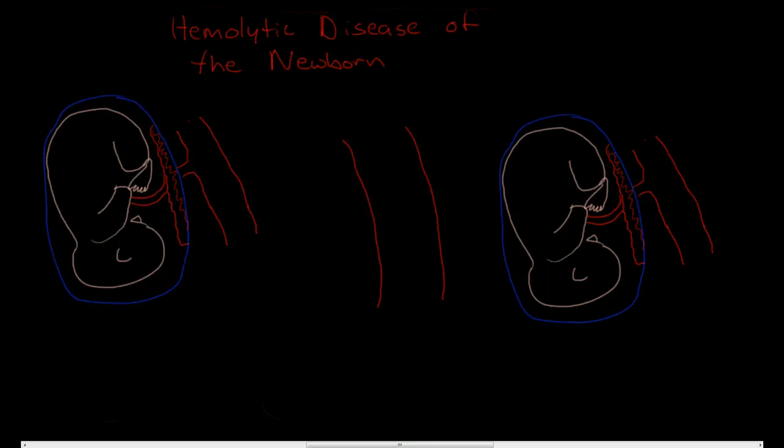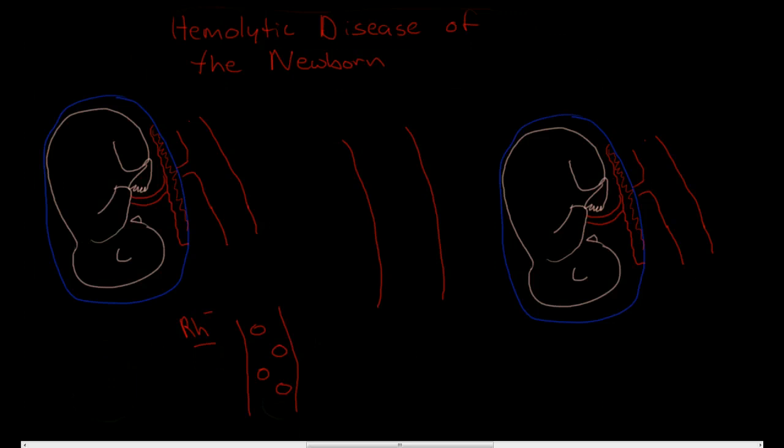And here we have a mother's bloodstream, and this mother is Rh negative. So that means that her red blood cells do not have any Rh protein antigens on their membrane.